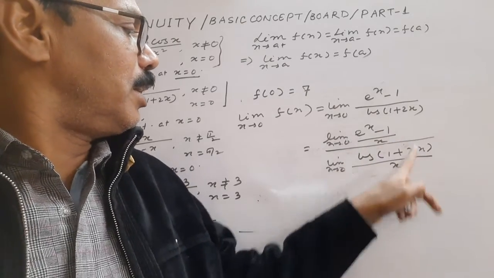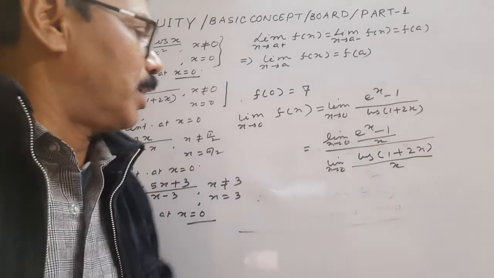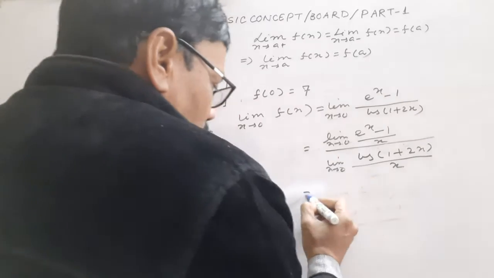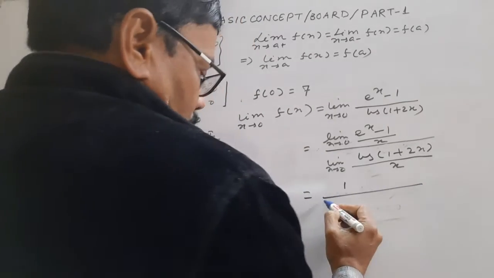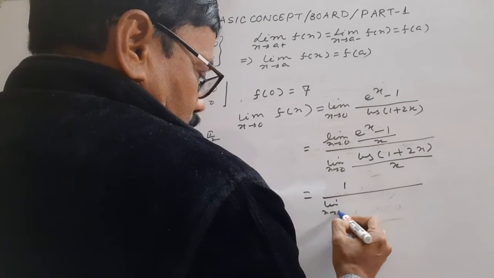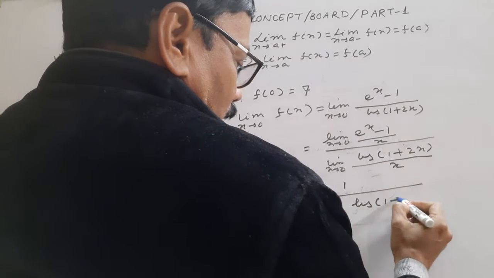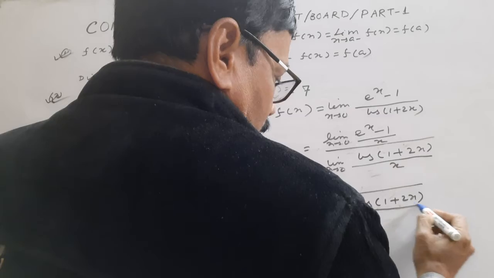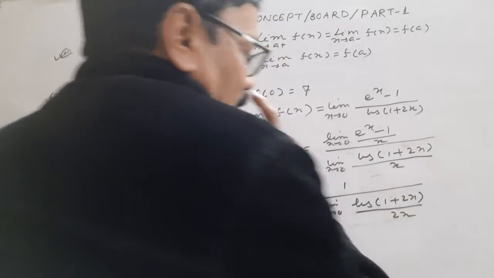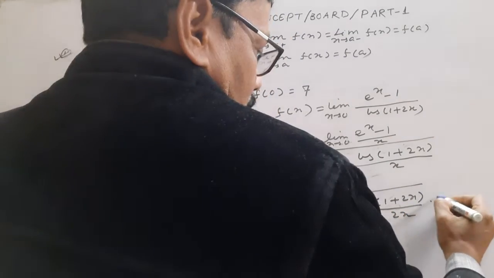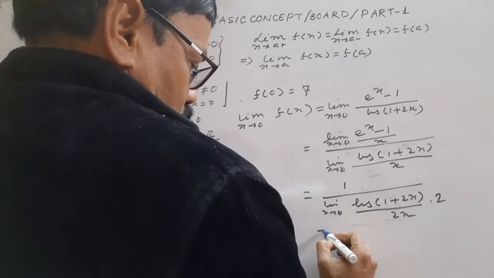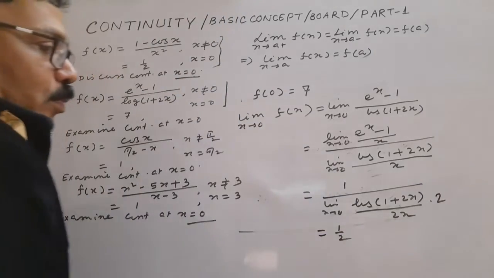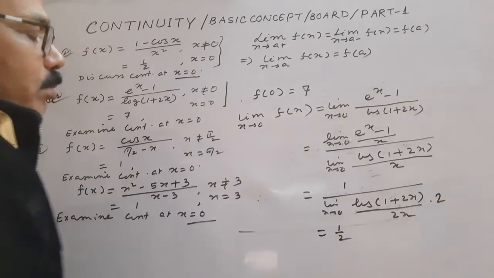Look, dividing by x, so meaning remaining same. Now what is the value of the numerator? 1. Now the second one is log 1 plus 2x. Log 1 plus x by x, x is replaced by 2x. So make it balance by 2. So this is half, because it is 1 by 2.